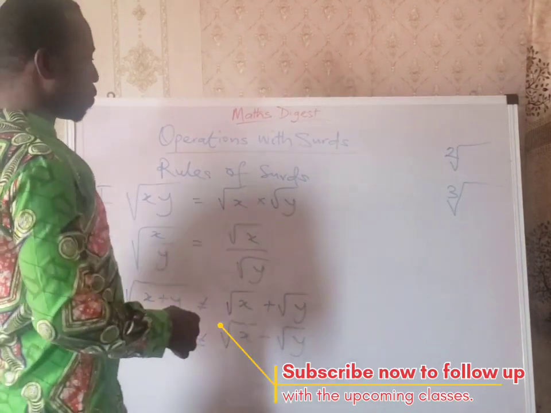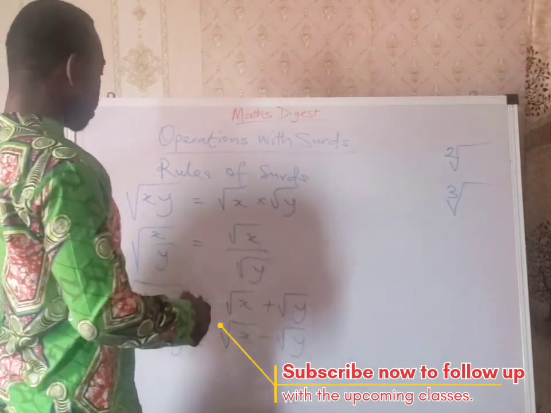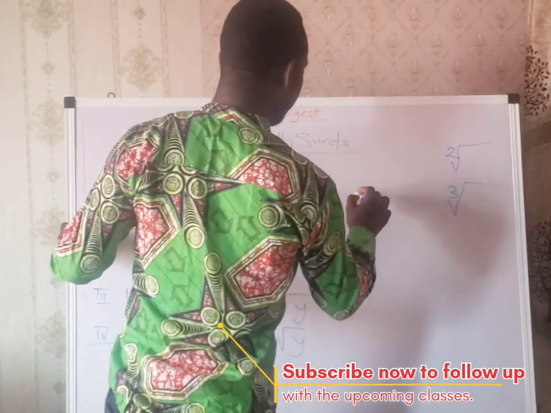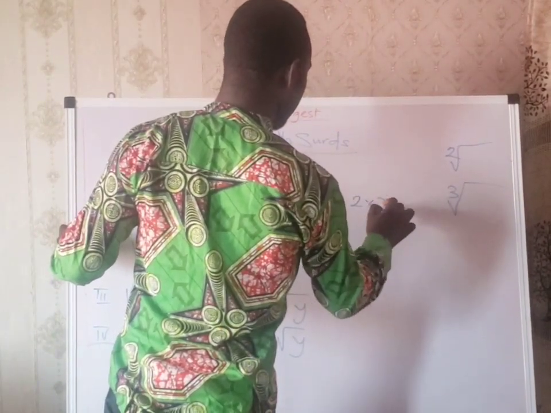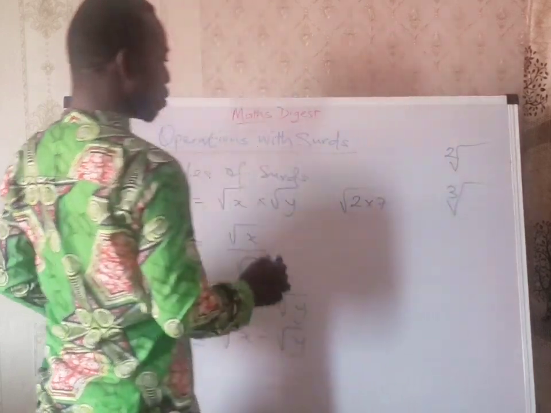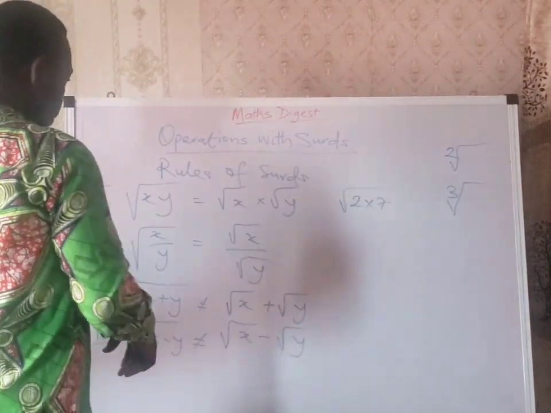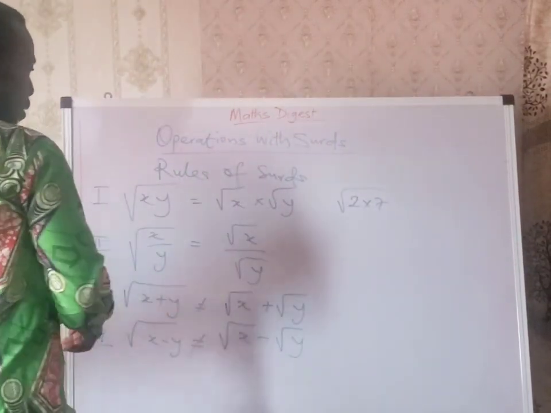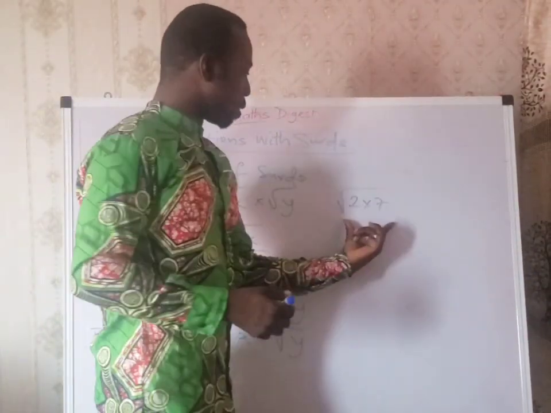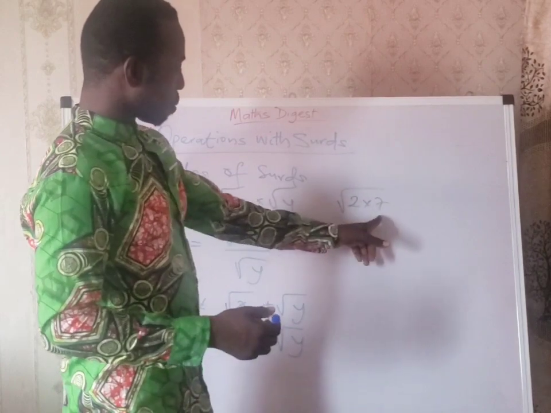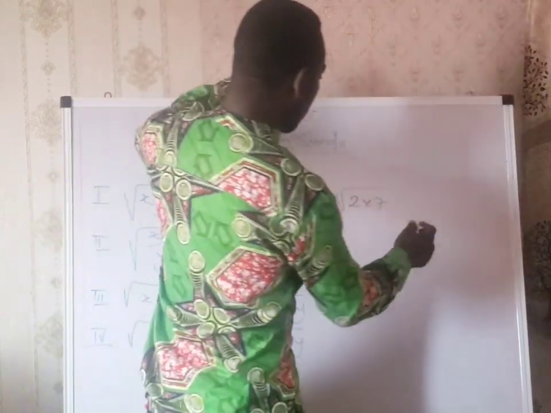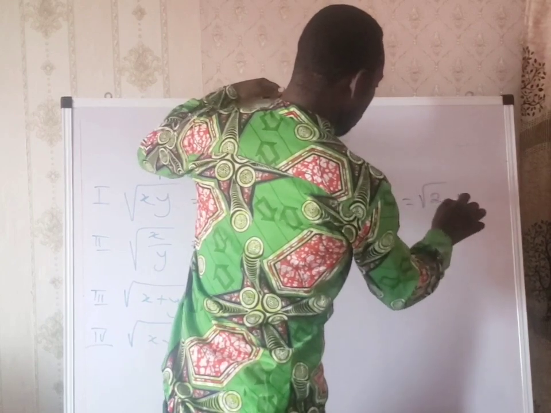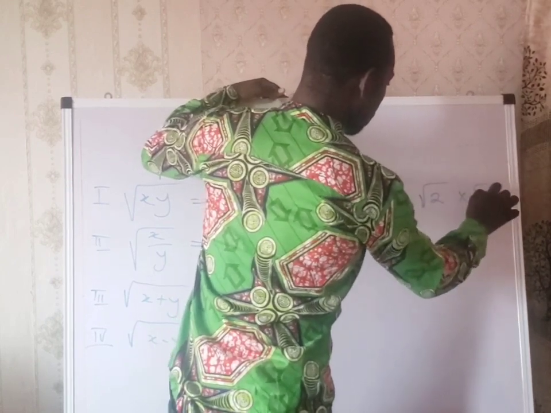Now, for further illustration, let's use a number. If for instance we have root of 2 times 7, since they are products, this is the product rule, and we can say it is root 2 times root 7.